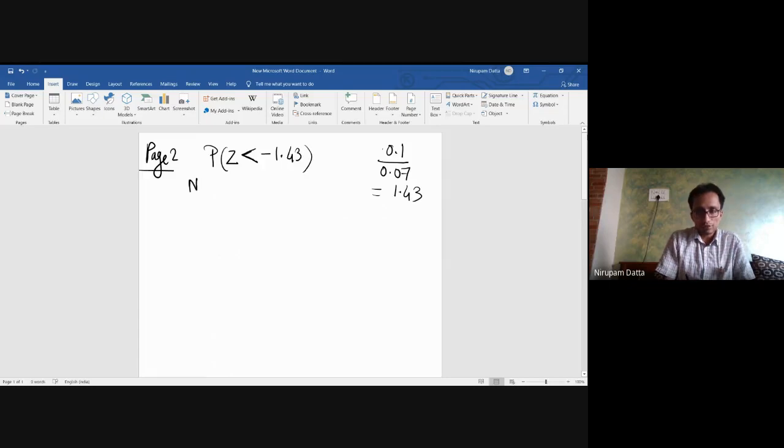We have to assume that this standardized random variable for the mean is asymptotically normal.